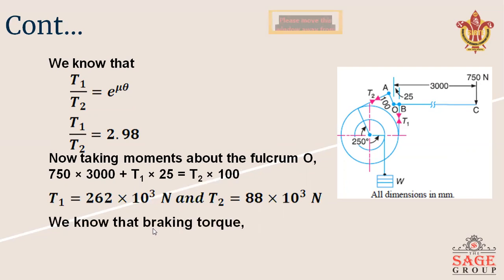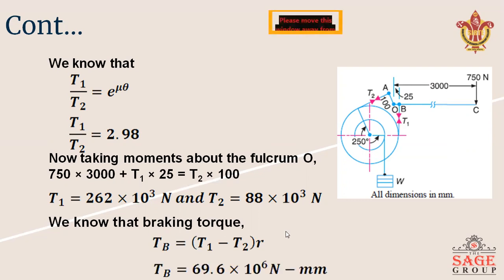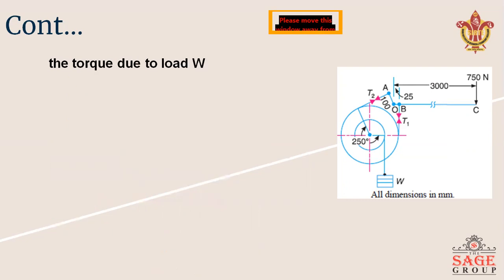And now the braking torque TB equals T1 minus T2 into R. So the value of braking torque TB is 69.6 into 10 to the power 6 Newton mm. Now the torque due to the load W: the load W into the radius of the barrel.